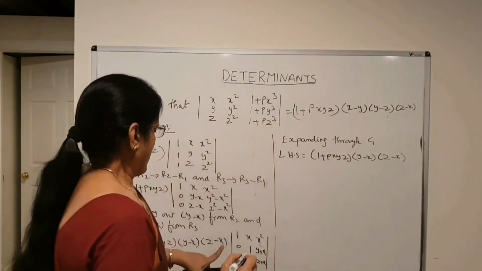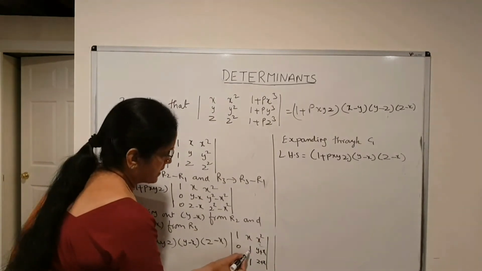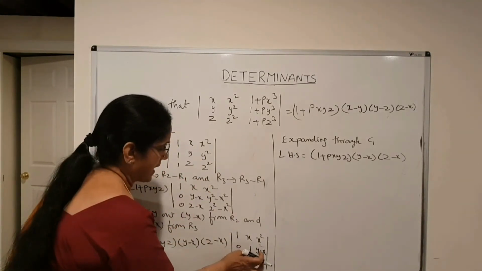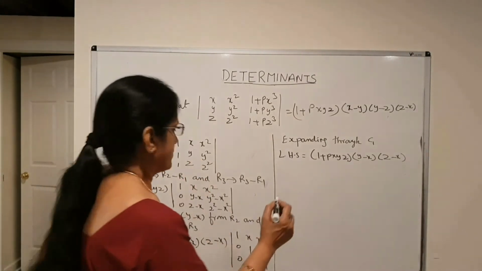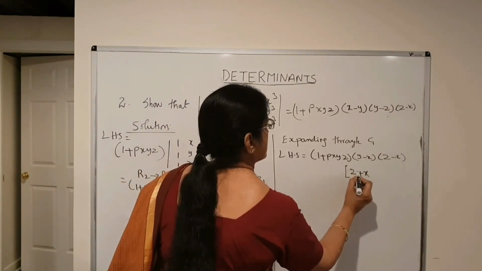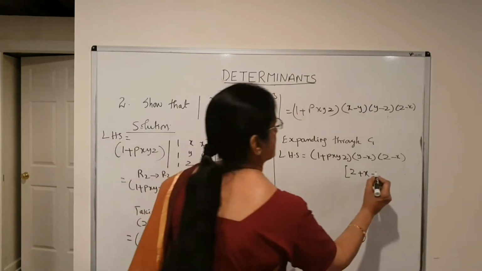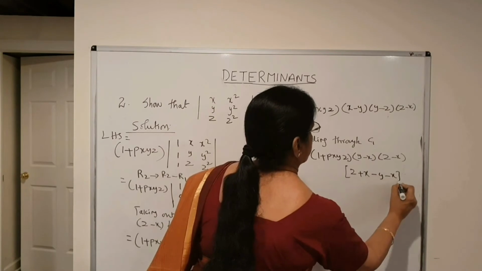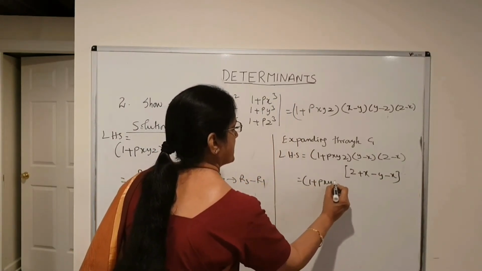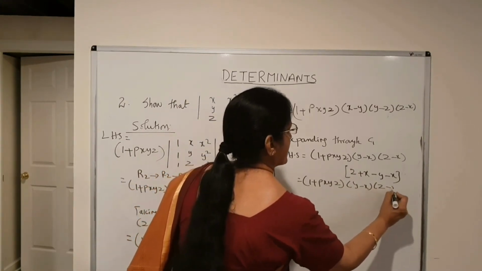Then, when I expand, leaving the first row and first column, it is the product of 1 and z plus x minus product of 1 and y plus x. So, that will give me z plus x minus y minus x. So, this is 1 plus pxyz into y minus x into z minus x.